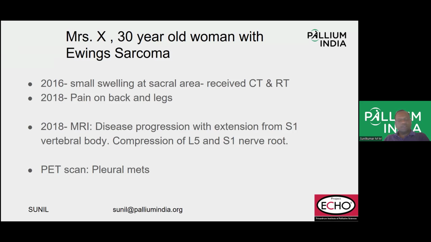And the oncologist asked her to do an MRI, and that came out to be disease progression. And you can see there is extension to vertebral body as well as compression of L5 and S1 nerve root. And pleural metastasis was also there. So the disease is progressing. It is an advanced Ewing sarcoma.